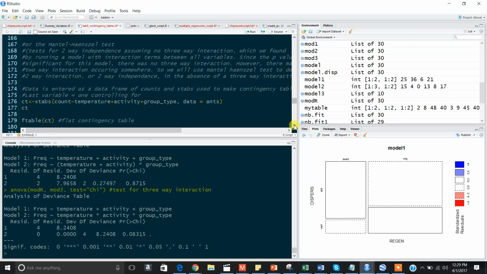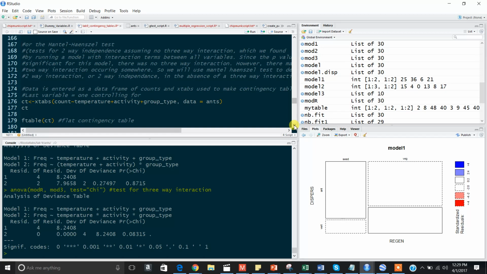Since the p-value was not significant for this model, there was no three-way interaction. However, again, there may be a two-way interaction occurring somewhere. So we will use the Mantel-Haenszel test to determine the presence of a two-way interaction, or two-way independence, in the absence of a three-way interaction.